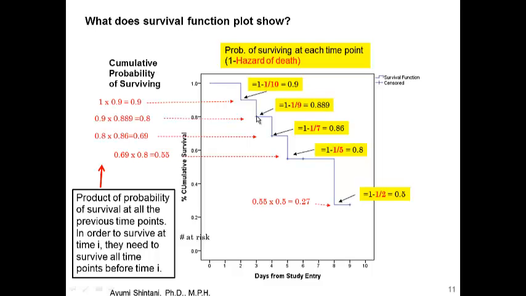So the product of that gives the cumulative probability of survival at the end of day 3. You keep taking the product cumulatively, and therefore we call this a cumulative survival.